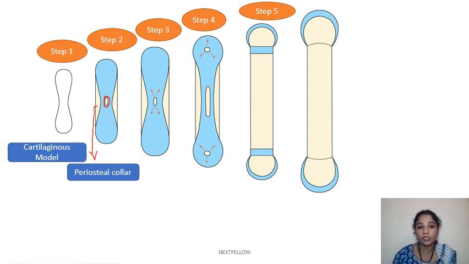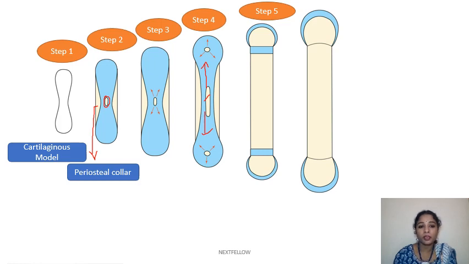Slowly we can see the ossification starts extending towards the epiphysis, that is the ends. And a perichondrium layer, that is the outer covering surrounded by the cartilage, forms the periosteum.